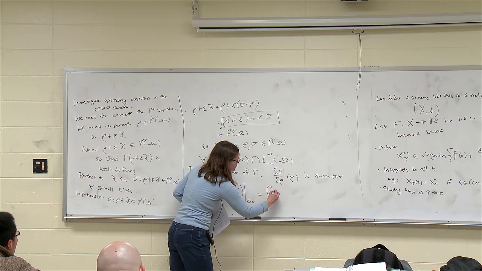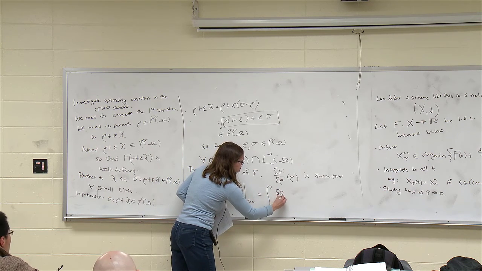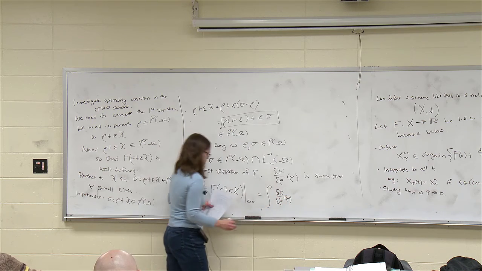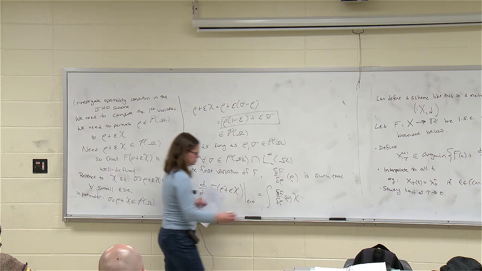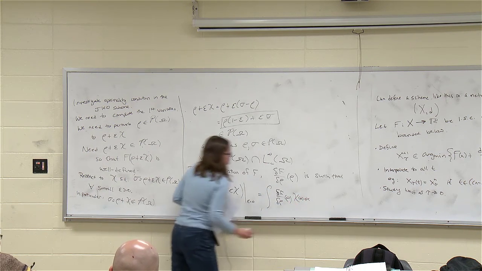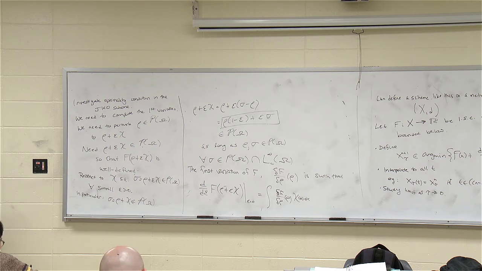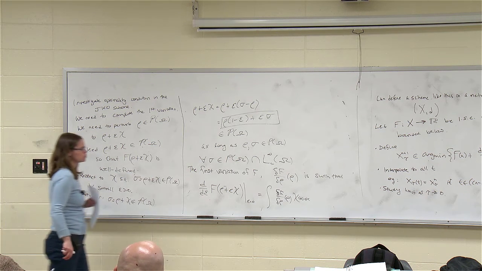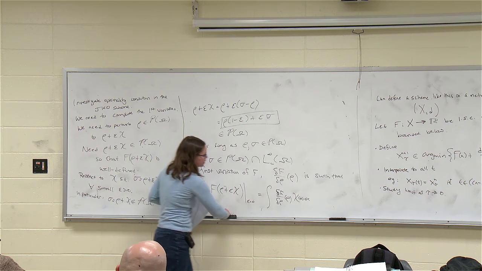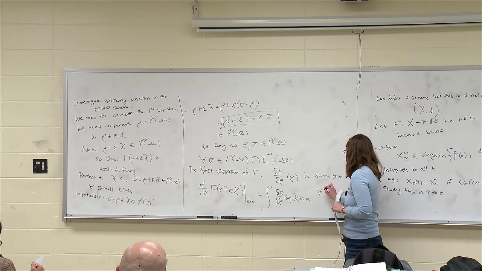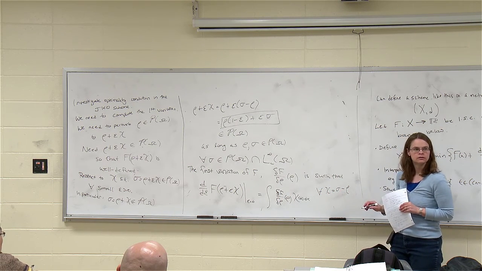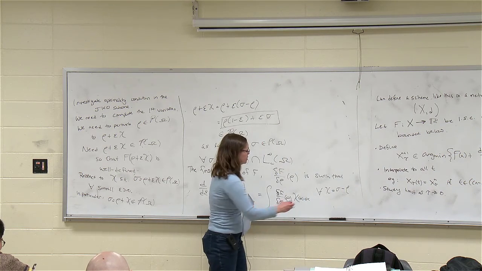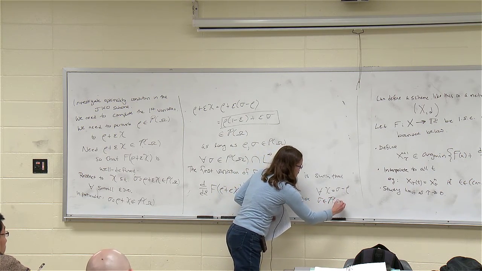So we'll get the integral of f d rho times chi, and this should be true, again, for all chi of the appropriate form, of the form sigma minus rho, where sigma lives in this appropriate space.